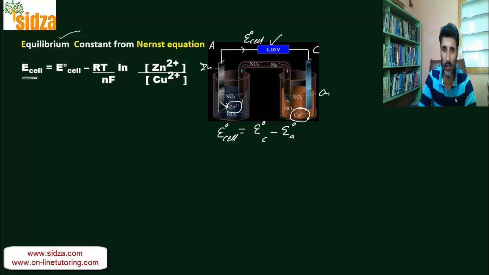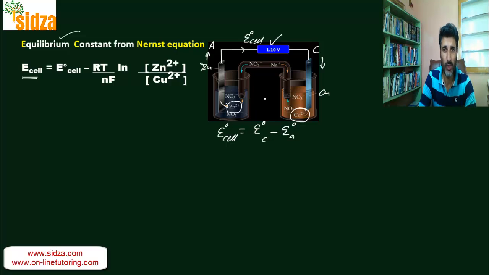When the copper undergoes reduction, the copper ions decrease, and therefore the reduction potential of the copper, which is the cathode here, will decrease. So with time the reduction potential of the copper will decrease, and that of the zinc will increase. The difference is actually the EMF, that is the cell potential.